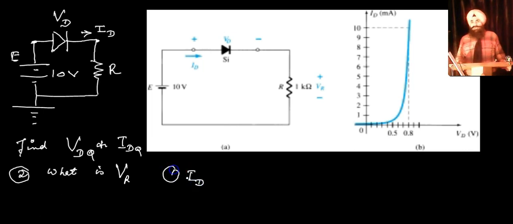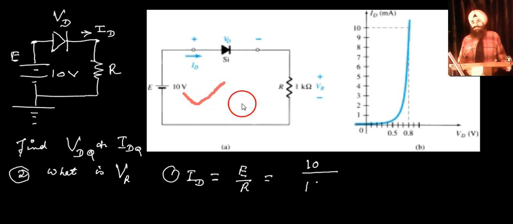So first of all, we draw a load line. I already explained that when VD equals 0, the value of ID is E by R. And what is E in this particular problem? 10 volt. And what is R? 1 kilo ohm. So ID becomes 10 milliampere.